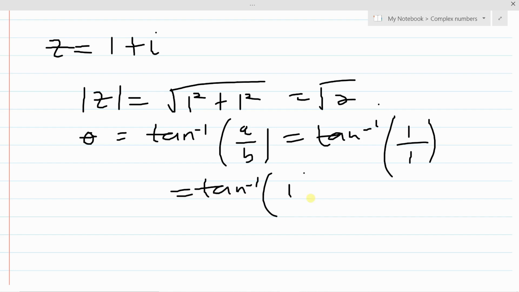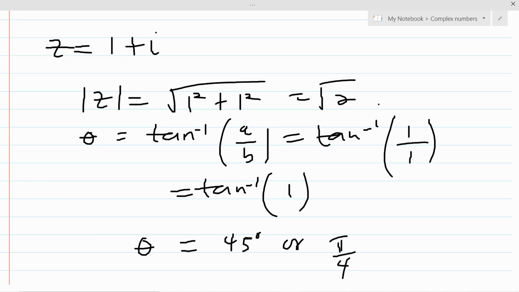So what is the angle that when you find the tan of, you get 1? It's 45 degrees, or mostly we put the angle of complex numbers in radians, so 45 degrees in radians is pi over 4. So just put this in mind.